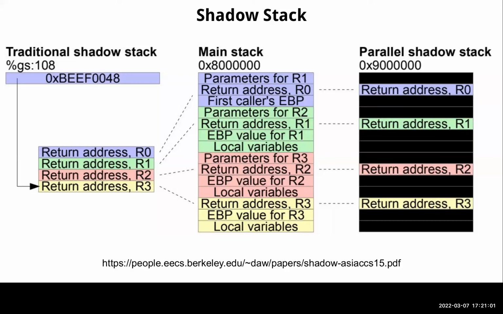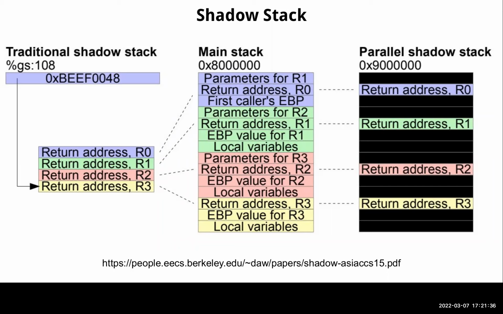The problem is if any of those variables can be overflowed, we may be able to overflow everything above that, including those return addresses, right? So the fundamental problem here is return addresses are code pointers. They are control information. And on the stack, we have local variables. They're just data. We're mixing control information with data. So the approach of shadow stack is to separate them.